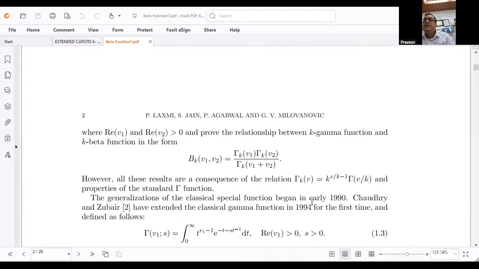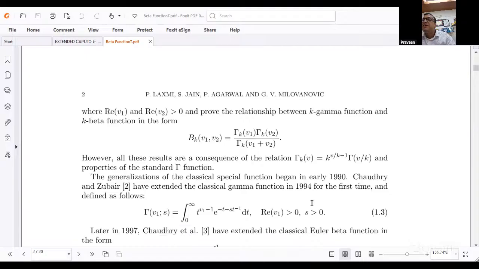However, all these results are a consequence of the relation given here, gamma k of nu equals k raised to power nu by k minus 1 times gamma of nu by k, and the properties of the standard gamma function.